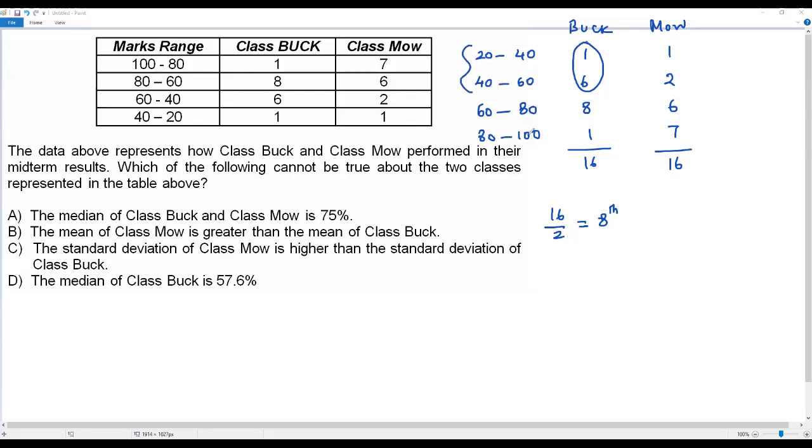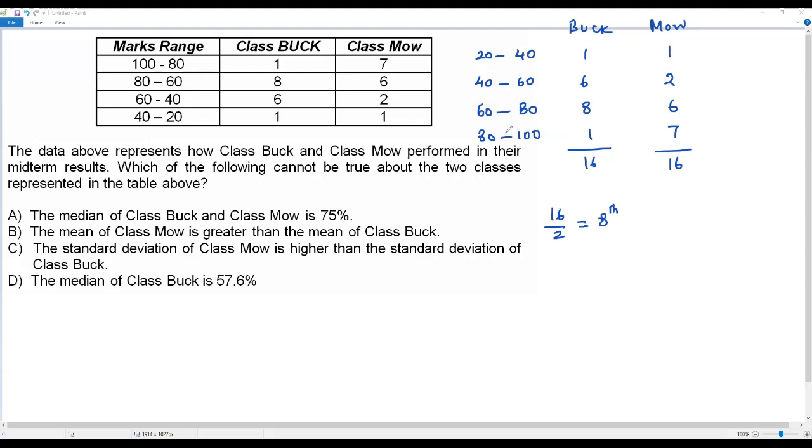Our aim is to identify the classification where we have the 8th frequency, because that represents the median for Class Buck. So the 8th frequency must be in this classification, that is marks range between 60% and 80%. Okay, so the median of Class Buck is between 60% and 80%.